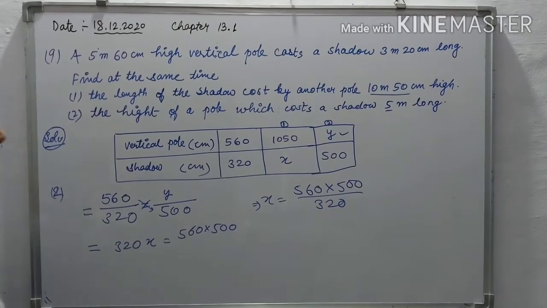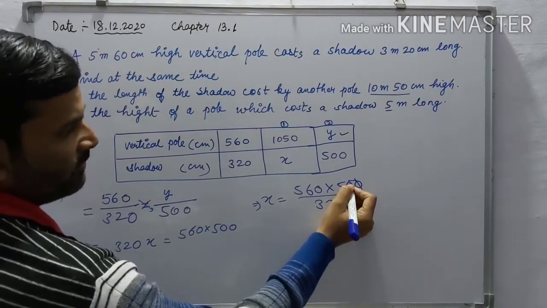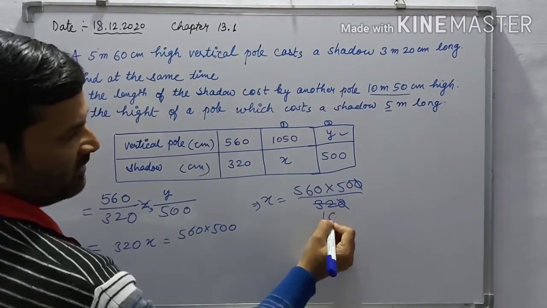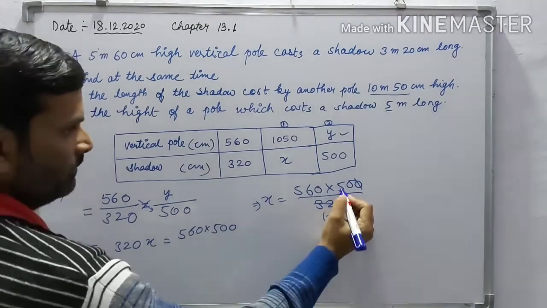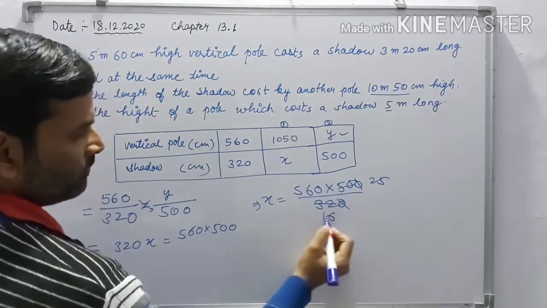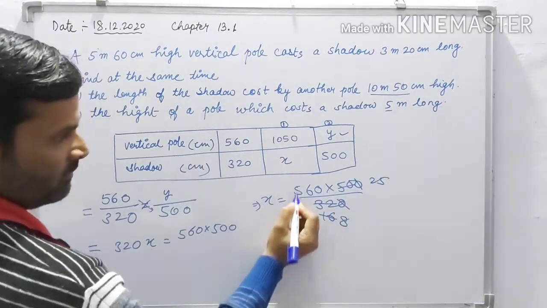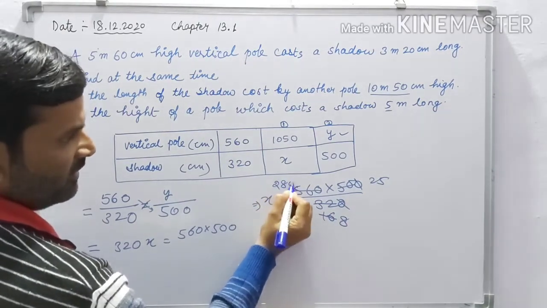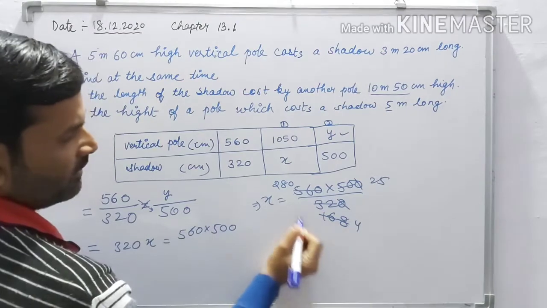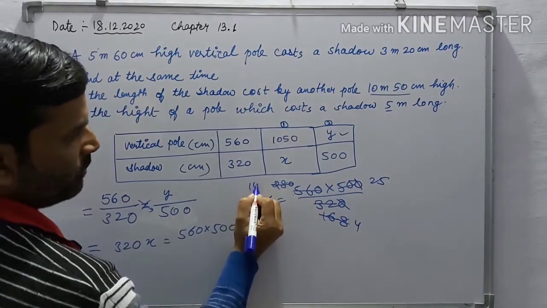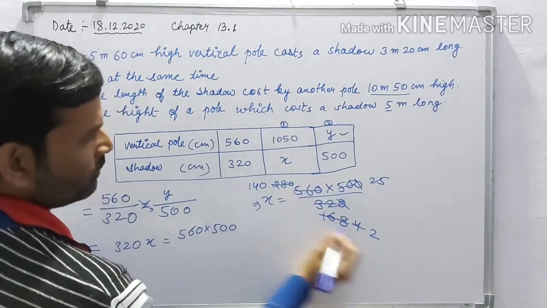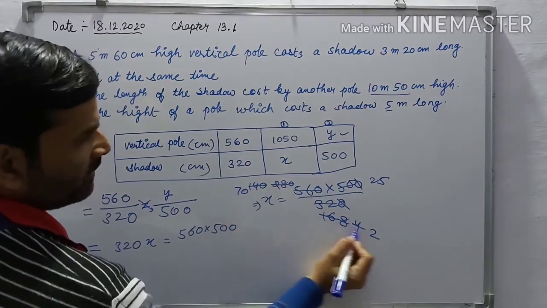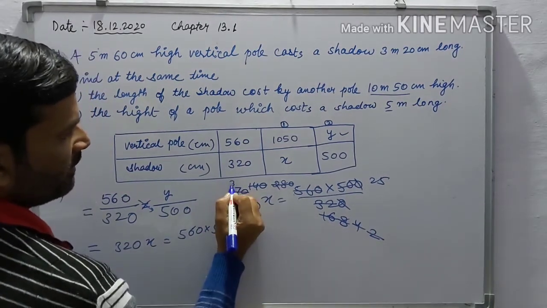Okay, now after cancellation, 0 to 0 cancel, 5 to 2 16, 25 to 8, 2 2 is 4, 2 8 is 16, 2 4 is 8, 140 is 2 is 70 is 2 is 35.